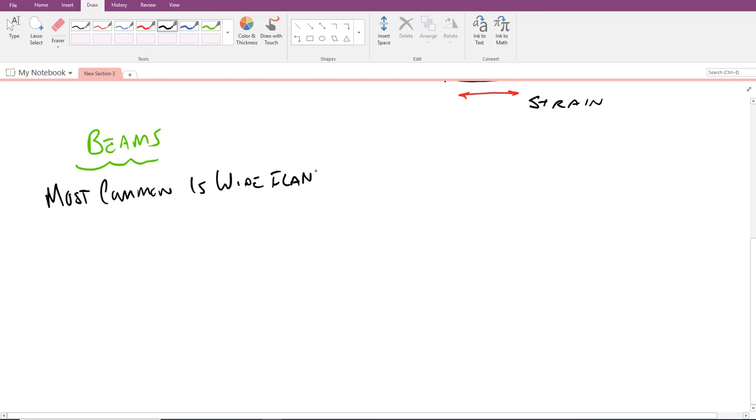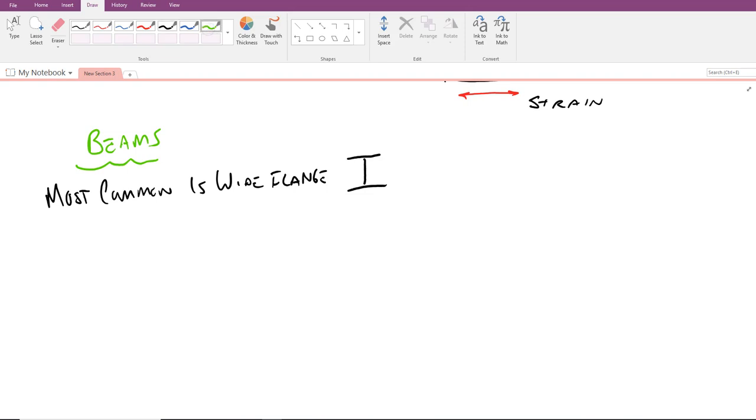First off, if you're not familiar with that term, let's reacquaint you with it. A wide flange shape looks like this, sometimes called an I-beam, but there are some minor differences between a wide flange beam and an I-beam.